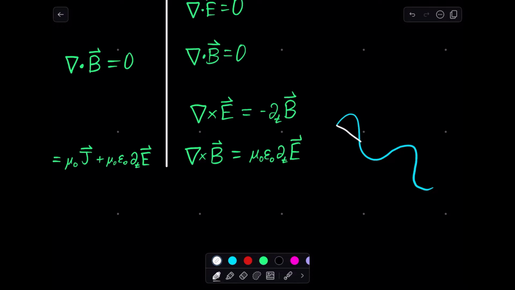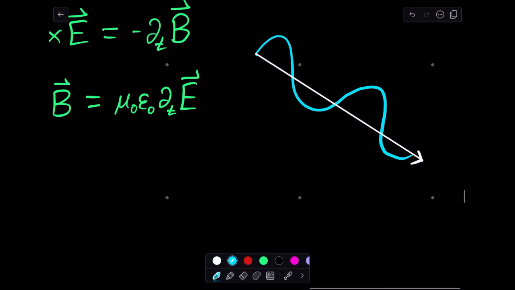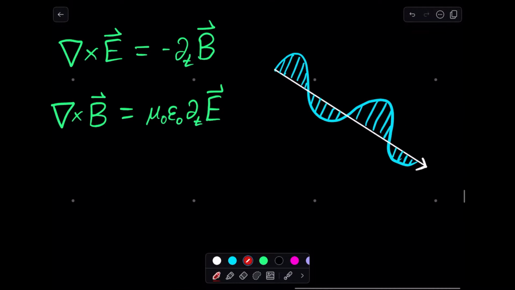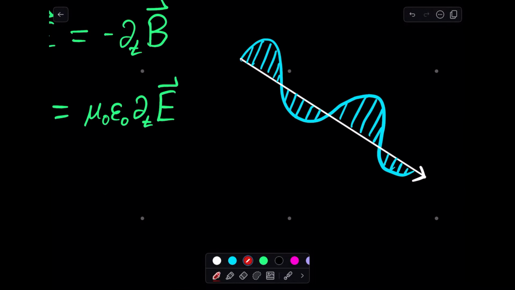If I draw a straight line propagating in this direction, you can have the electric field oscillating in time, but then it causes the magnetic field also to oscillate. The propagation direction is E cross B, so it would be like this.